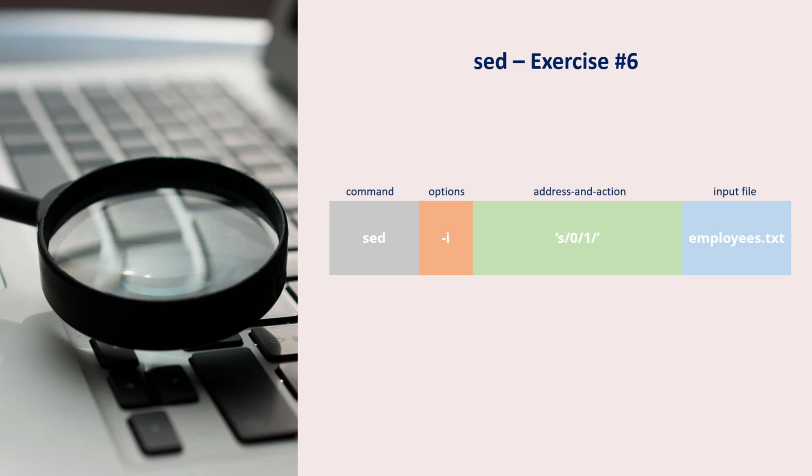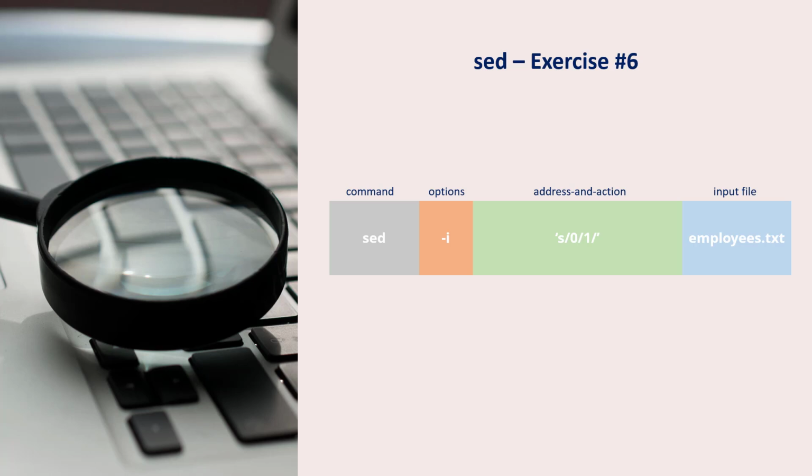So in our input file employees.txt, if you recall, we had the salary of each employee as the last field in all the records. Now in the salary numeric amount, I want to replace all zeros with ones. For some reason, I don't like the digit 0. To do this, I'll start my addressing with the letter S. S stands for substitution, followed by a /, followed by the search pattern.